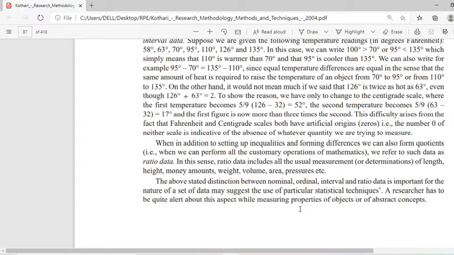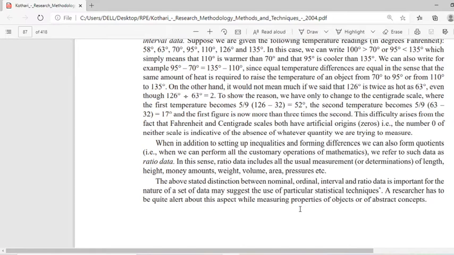Another is ratio data. For example, consider length, height, money amounts, weight, volume, area, pressure, etc. In addition to inequalities as in interval data, we can also form quotients, which means we can operate mathematical operations on that data, like multiplication, addition, subtraction, division, etc. That type of data is called ratio data.